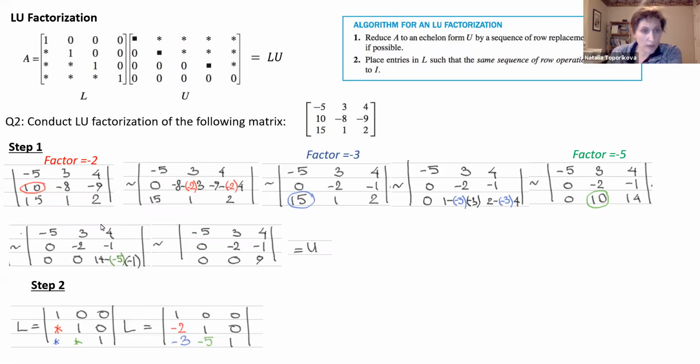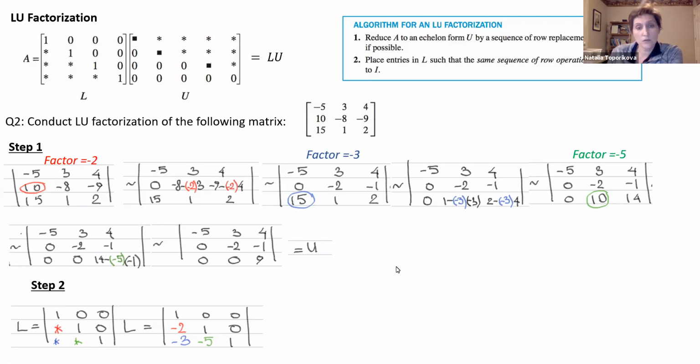Our multiplication factor for the element a21 was -2, so we record -2 in exactly the same position of matrix L. Our multiplication factor for the element 3,1 was -3, so we write this multiplication factor -3 in the appropriate position of matrix L. Finally, our multiplication factor for element 3,2 was -5, so we record -5 in the same place of matrix L. And that's it. As soon as we fill out the multiplication factors, we're done. We have a matrix L.